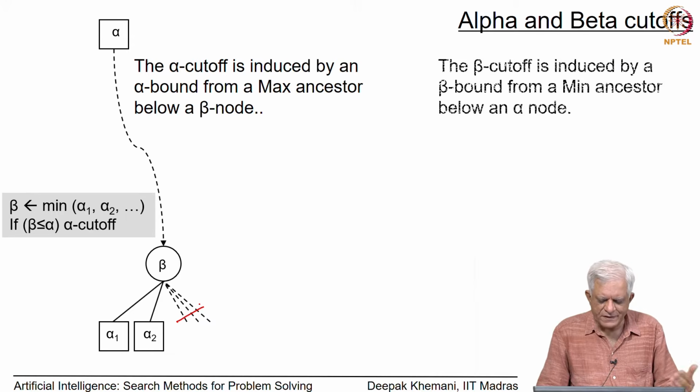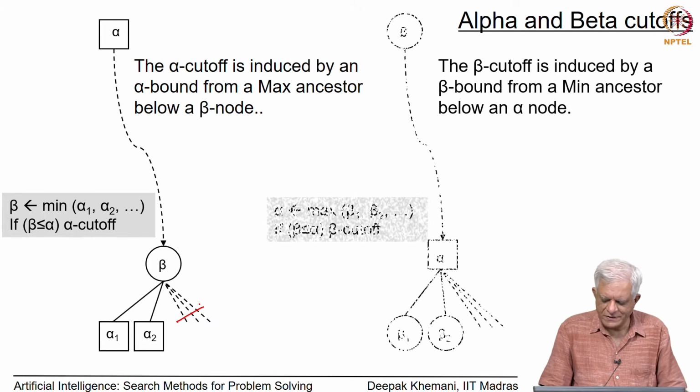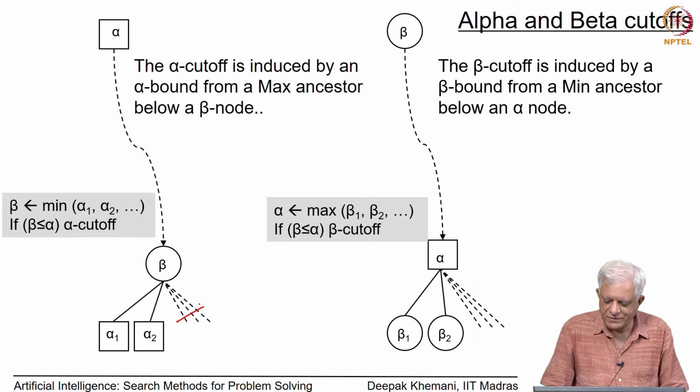Likewise, if you are exploring an alpha node, a beta cutoff happens below an alpha node, and it happens because of the influence of a beta ancestor, and if the alpha value, which is looking for higher and higher values, becomes larger than beta, then a cutoff occurs, and this is called a beta cutoff essentially.